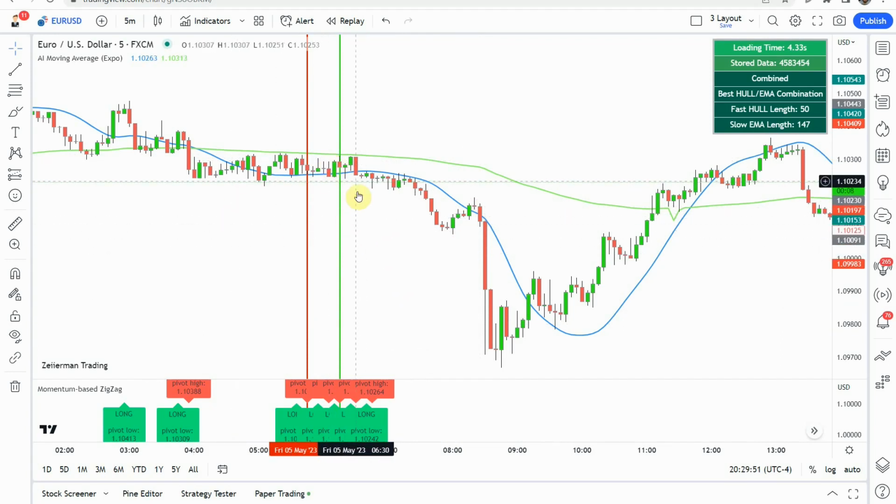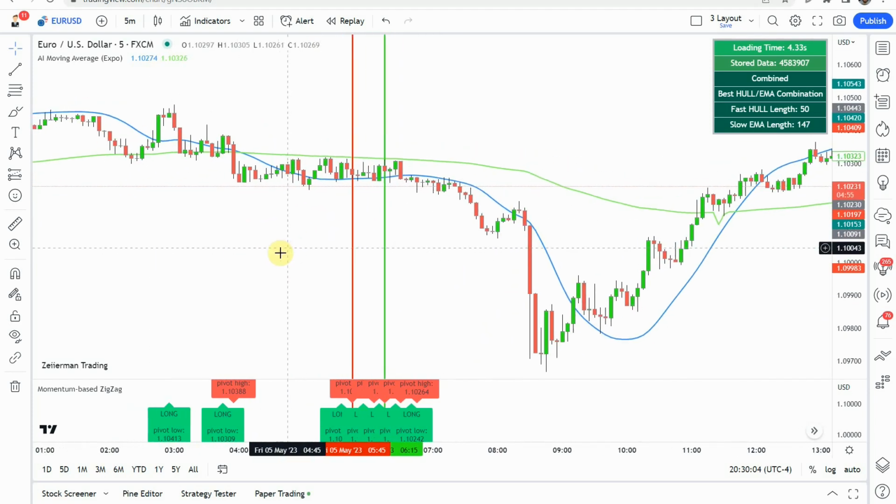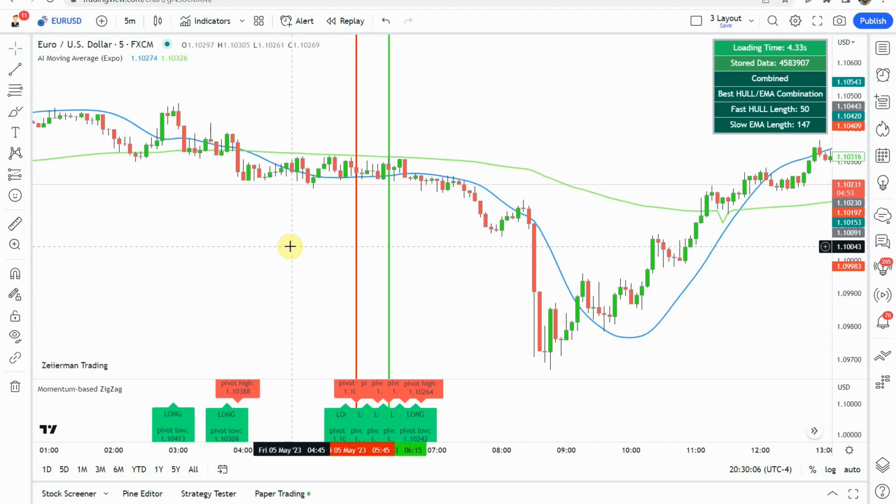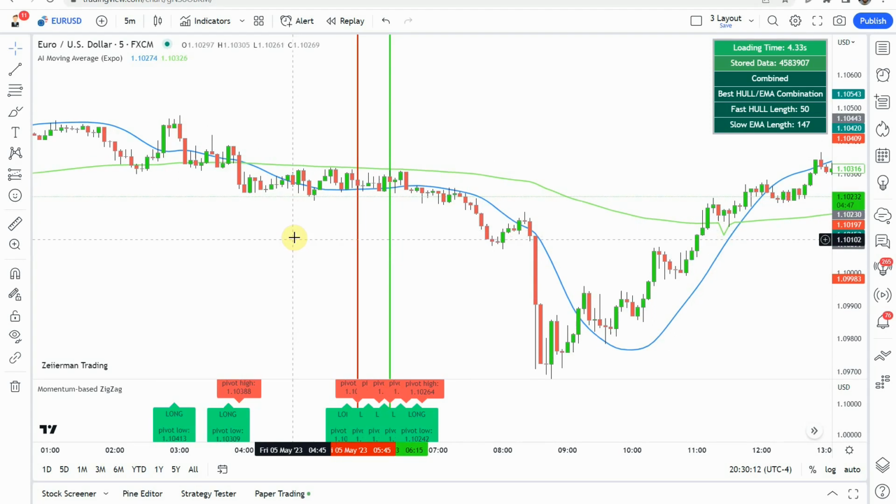And so often this strategy was able to get a rather large take profit versus the stop. And so with the 19 wins and 24 losing trades, there was definitely room for some profit on this one.